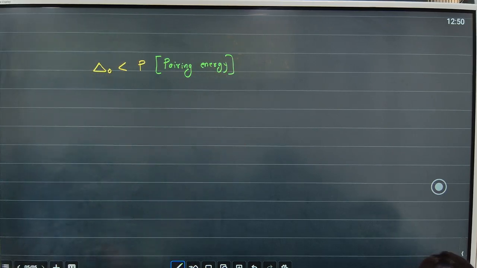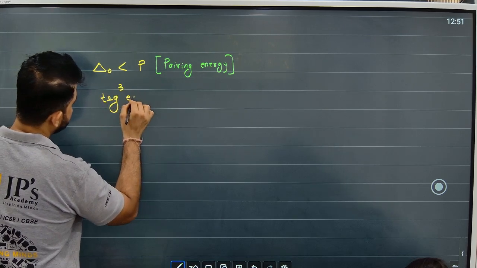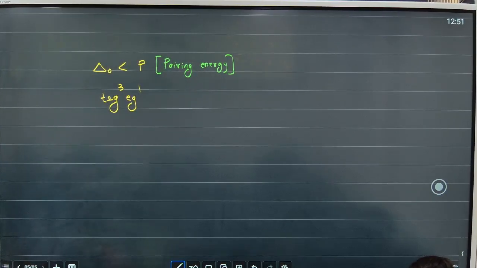If delta naught is less than the pairing energy, the fourth electron enters one of the eg orbitals, giving rise to the configuration on the board.